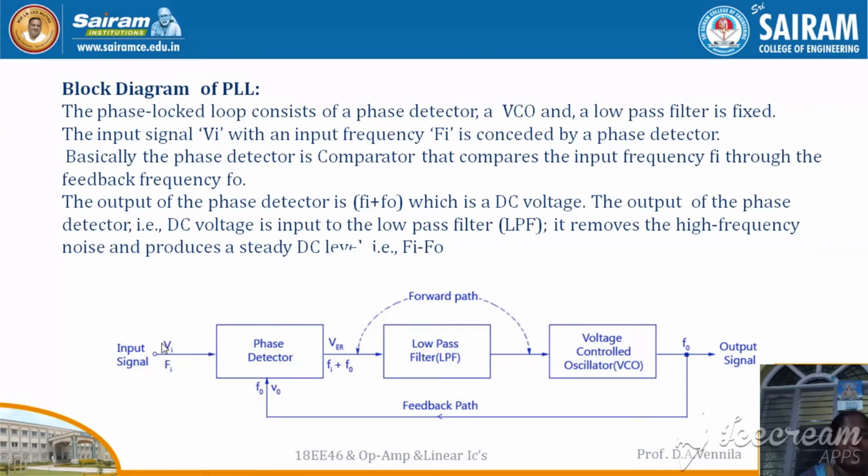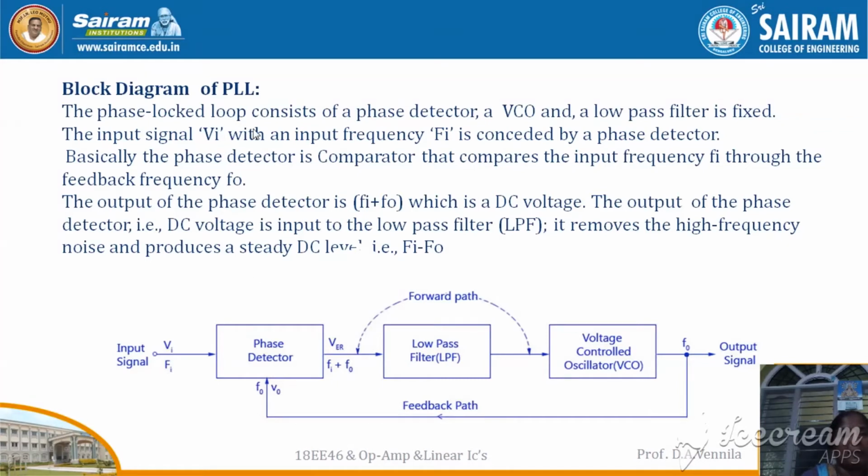The input signal VA is having frequency F1 and the output of the voltage control oscillator will be taken and given to the phase detector. Now the frequency of the input signal will be compared with the phase of your output signal.